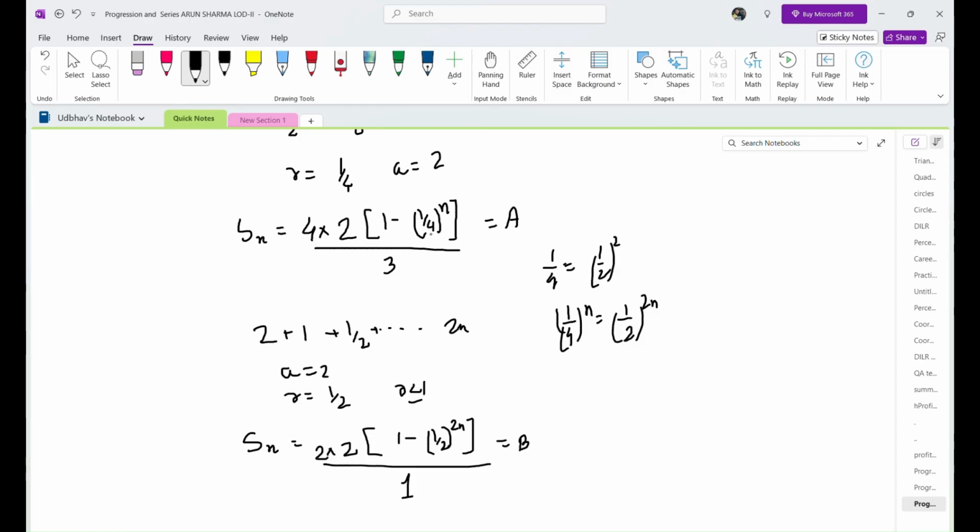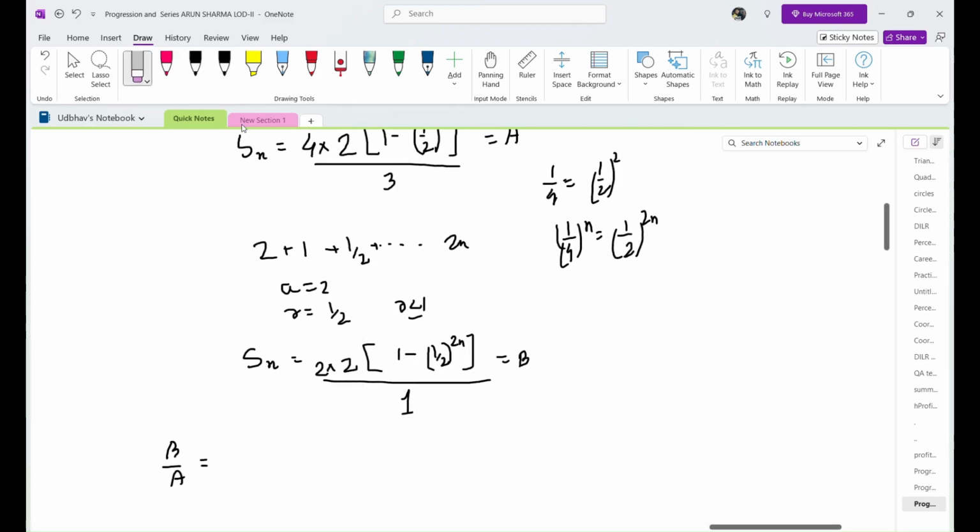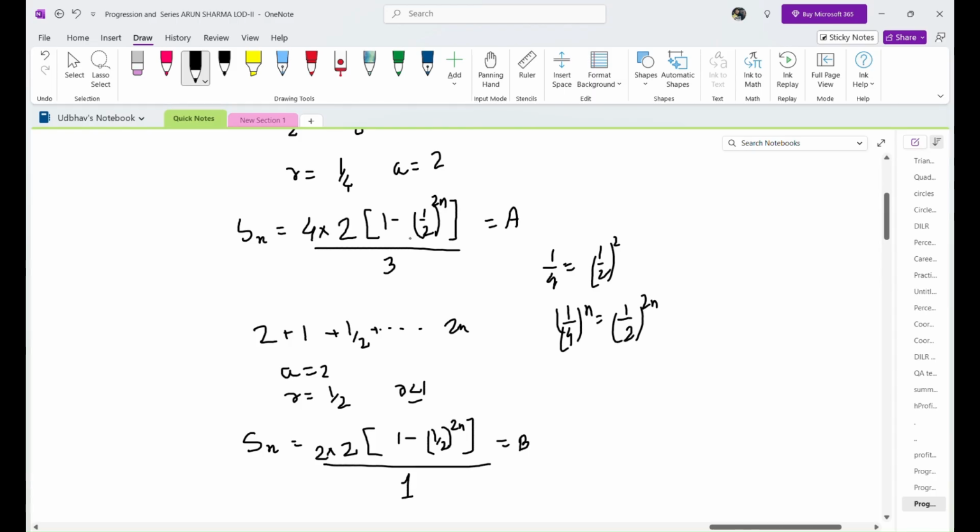So we can write 1 by 4 raised to the power n as 1 by 2 raised to the power 2n, right? So we got similar kind of things here. Now we can directly divide equation 1 by equation 2.